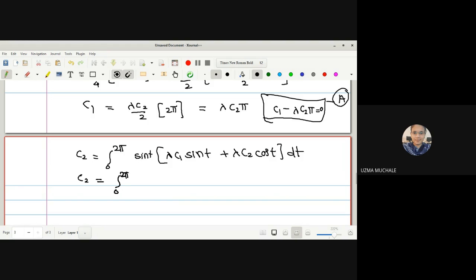Integration 0 to 2 pi, lambda C1 outside. What is sin square t? Now if I want to find the integration of sin square t, I have to convert this. This is also sin t into cos t.